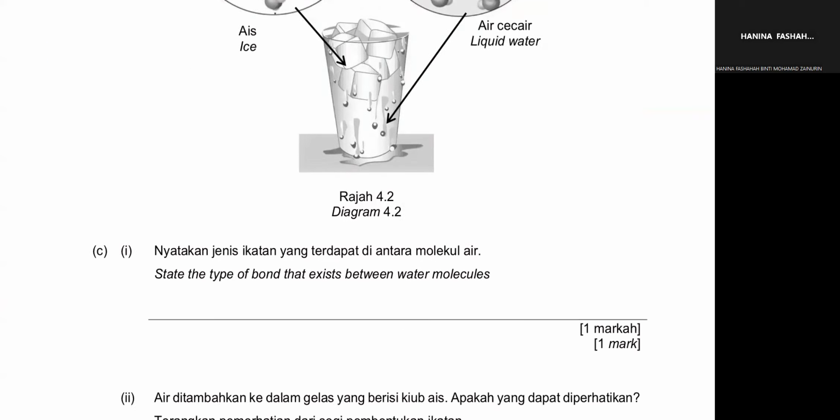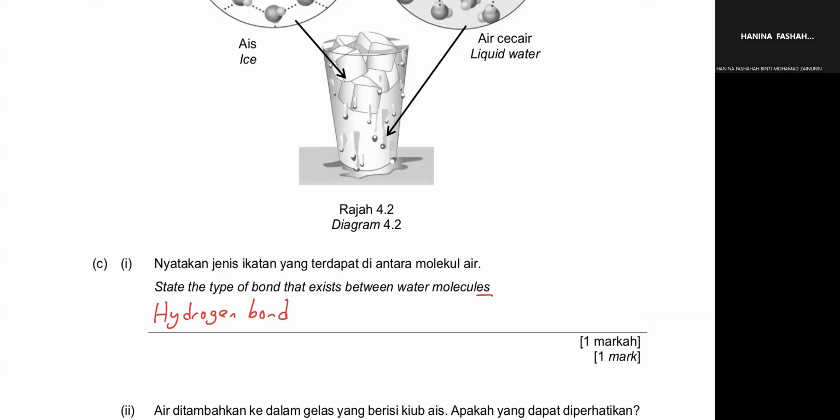So this hydrogen bond between water molecules, I'll show it properly. This is called the covalent bond.